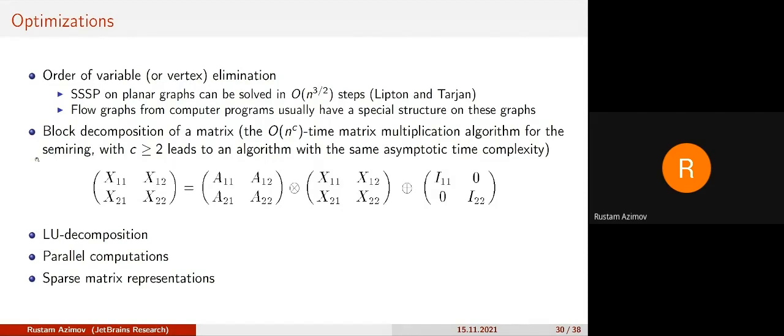The next optimization is block decomposition of the matrix.